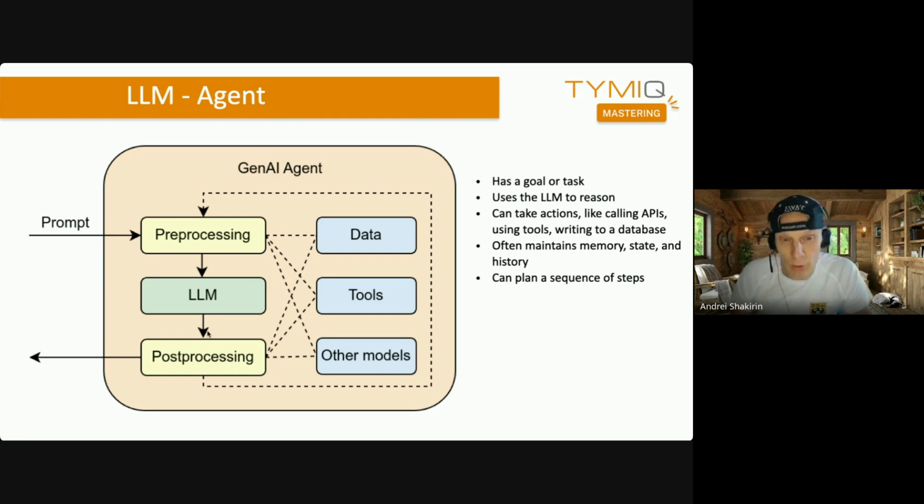Also, very importantly, an agent can have cycles. It's not a single workflow where you send a prompt and the agent answers with some result. In some cases, the agent can make multiple iterations. This is called the agent loop.